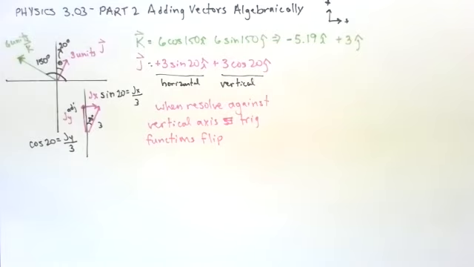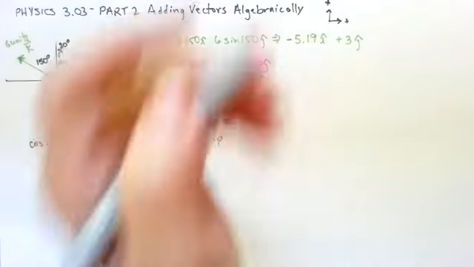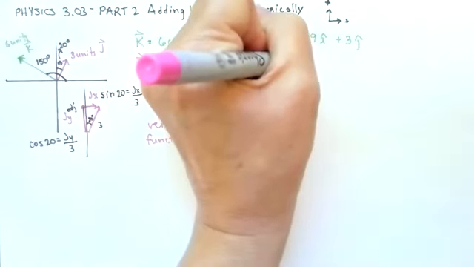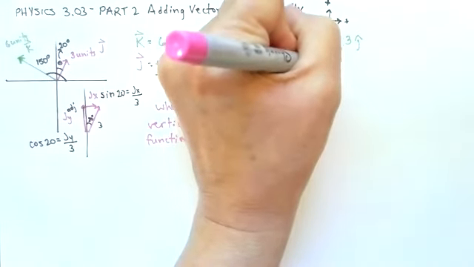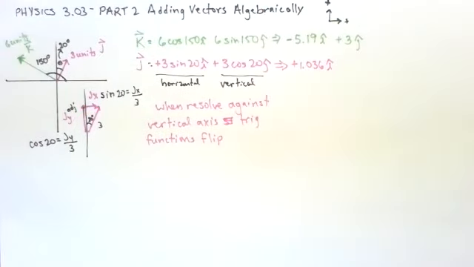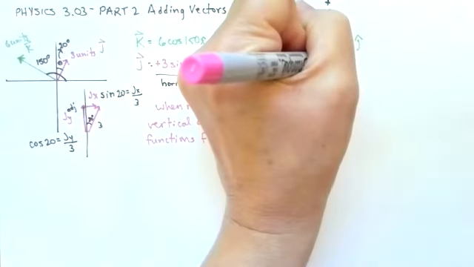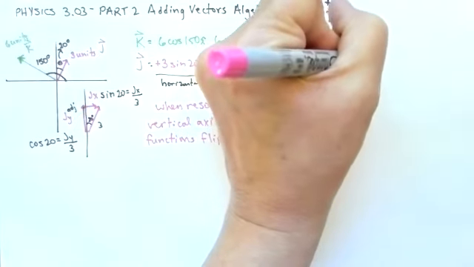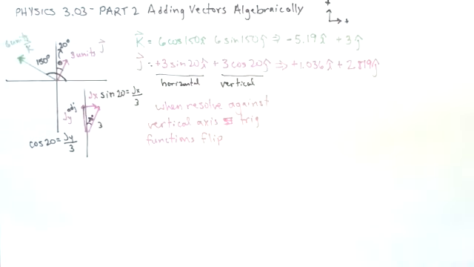You need to be aware of that because there's a lot of times where we're going to have to resolve against a vertical axis. So when I simplify that, that becomes positive 1.0. If I carry this out, positive 1.036 i, and this becomes positive 2.819 j. And then I could add those and I could find the resultant.